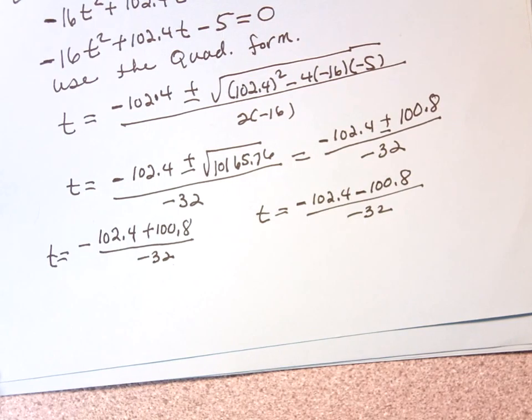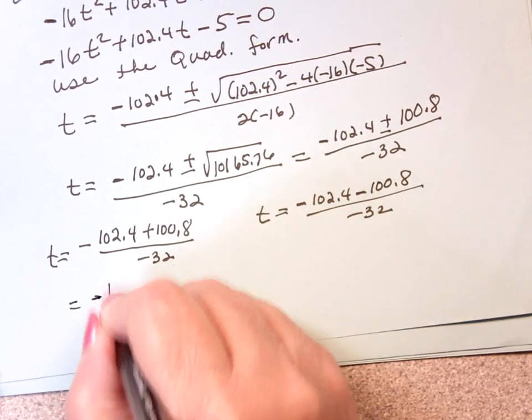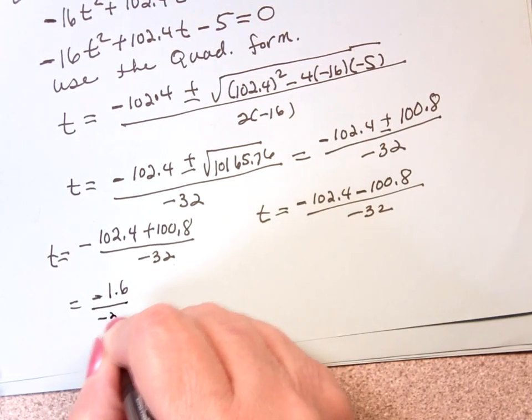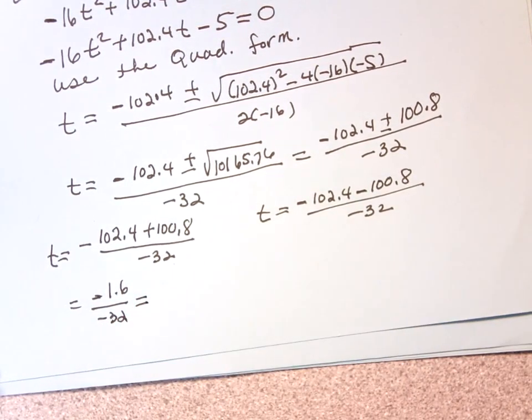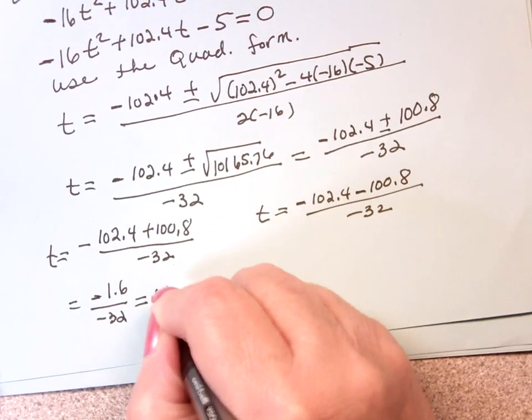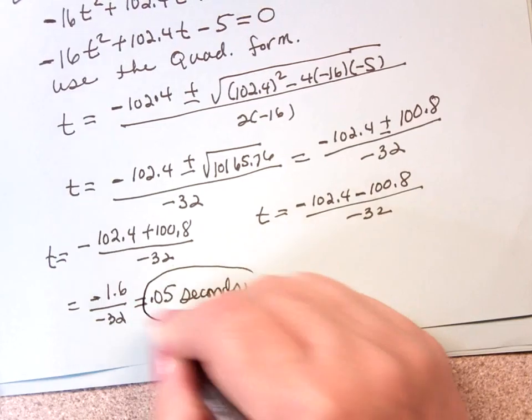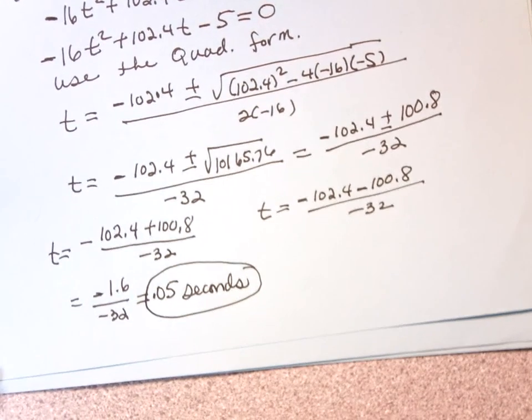So negative 102.4 plus 100.8 is negative 1.6 over negative 32. So divided by negative 32 is 0.05 seconds. That's on the way up.